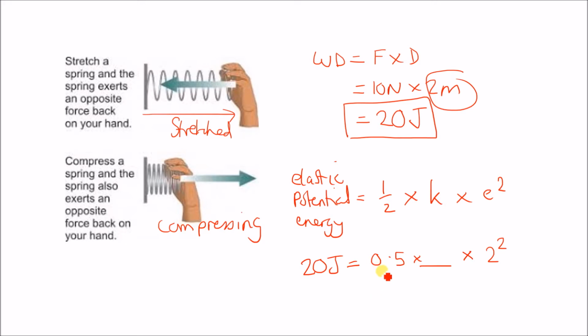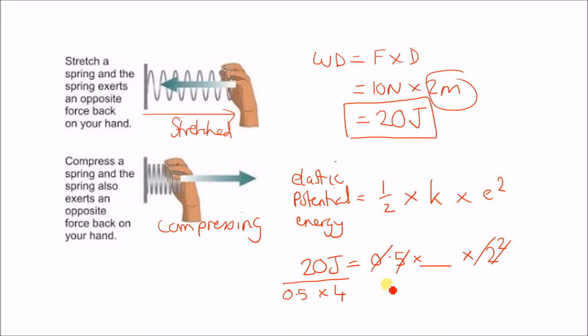Well, we know that if we are multiplying these things, the inverse operation is to divide. So we're going to divide by 0.5, and we're going to times that by 2 squared, which is 4. So I can now cancel that out and cancel that out, and 20 divided by 0.5 times 4 is going to give me my k.